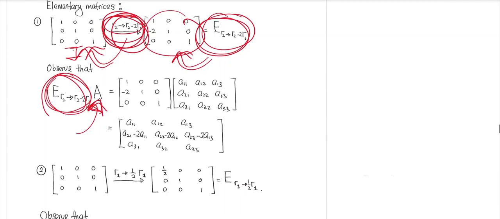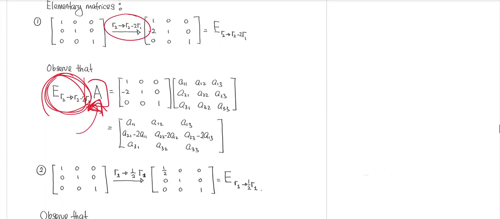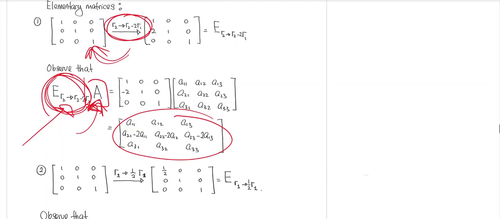What you get is basically performing the same operation which you performed on I, but now you perform it on A. So this matrix multiplied by A is equivalent to doing this row operation on your matrix A.